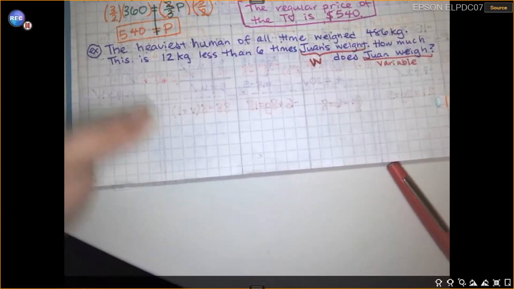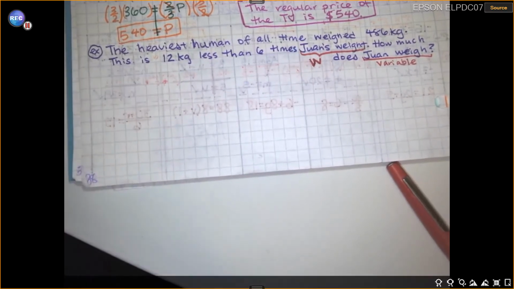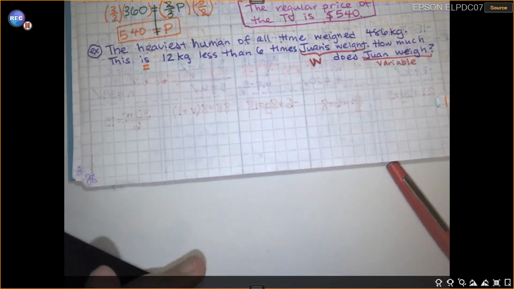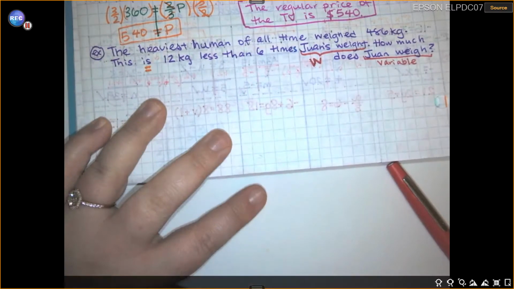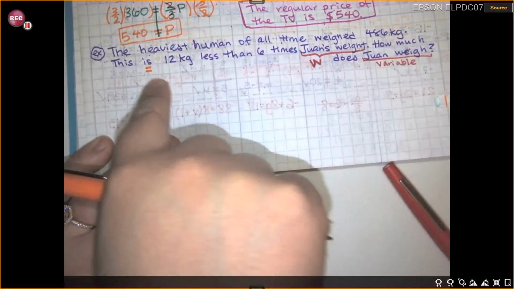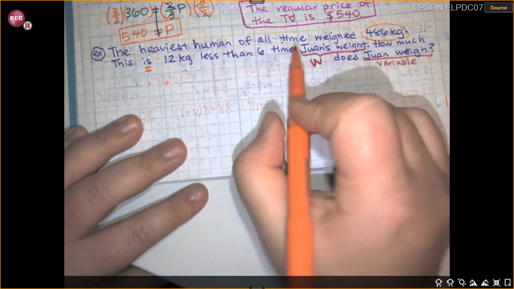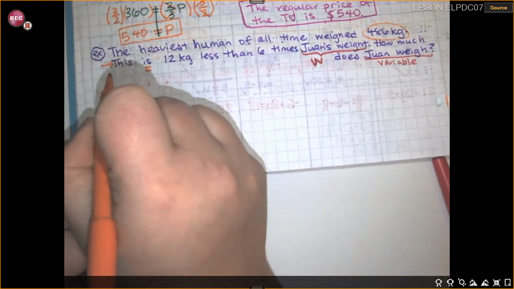So again, our second sentence starts with this is, where the is is the equals, but they're implying something. This refers to the previous sentence. The heaviest human of all time weighed 486 kilograms. This is, meaning this 486 kilograms goes in for this.